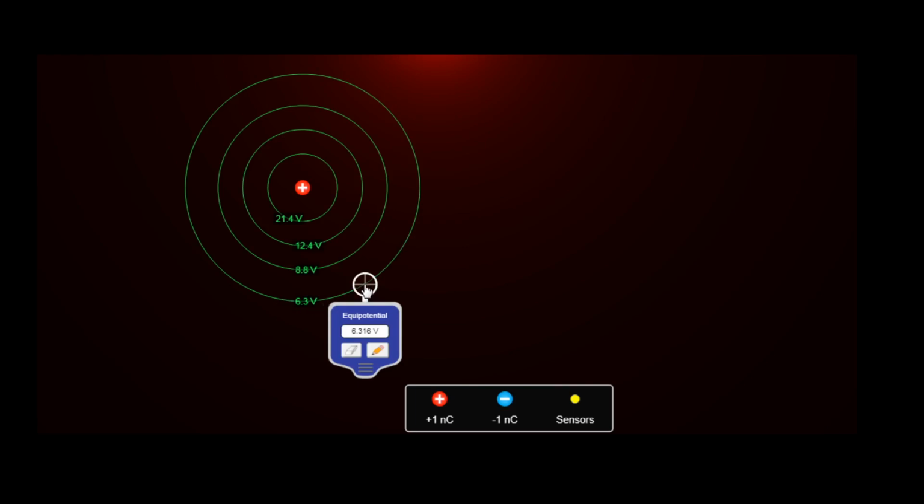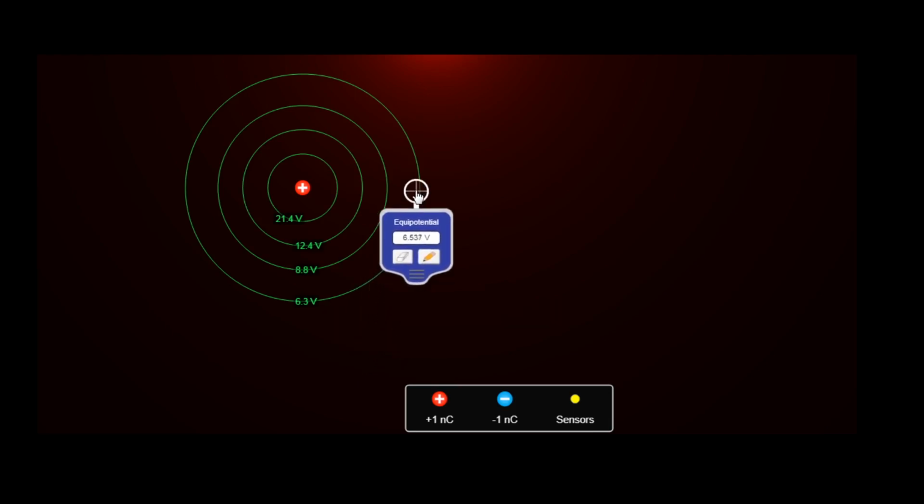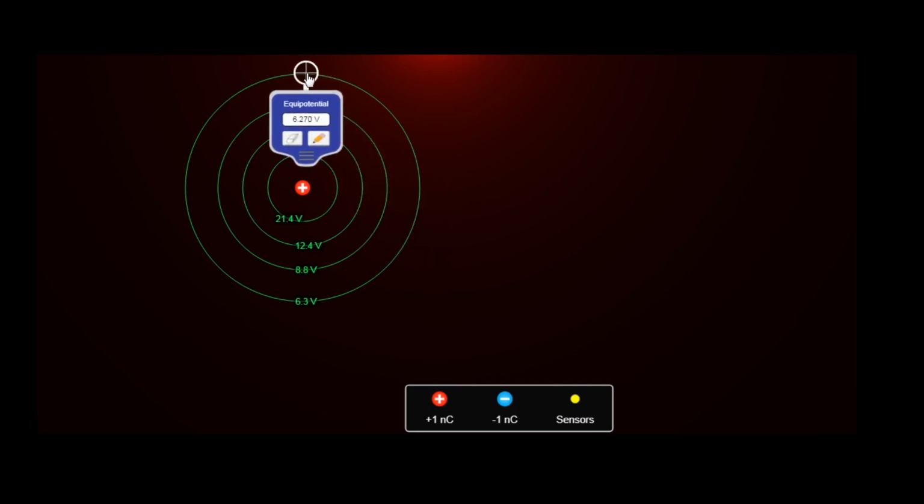So let us see. I am trying to find out the potential at this point, and we find it is 6.322. Similarly, approximately at each and every point the potential on this surface is 6.3.